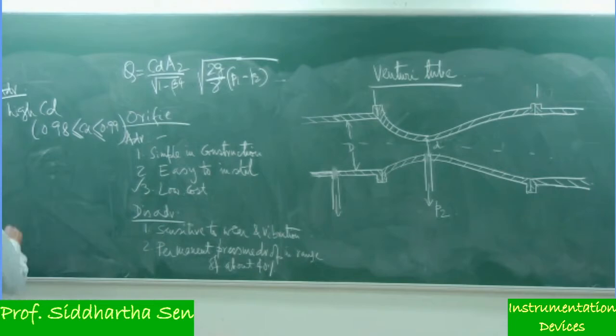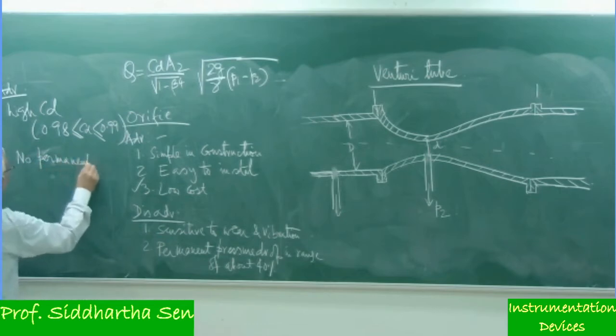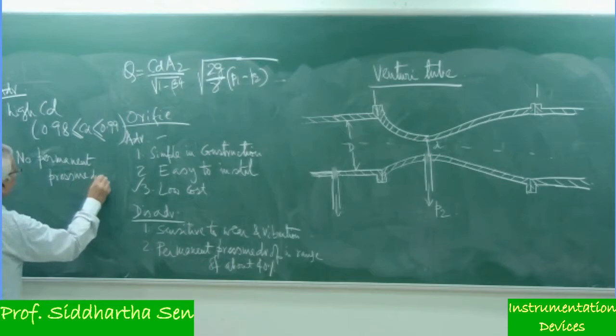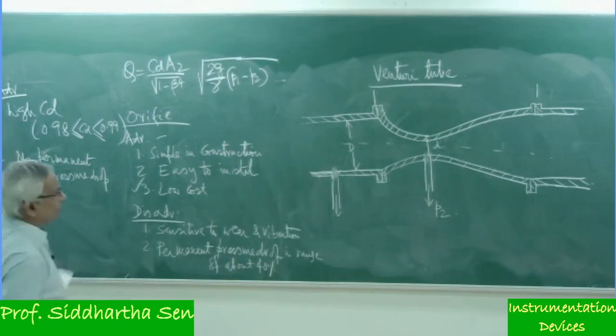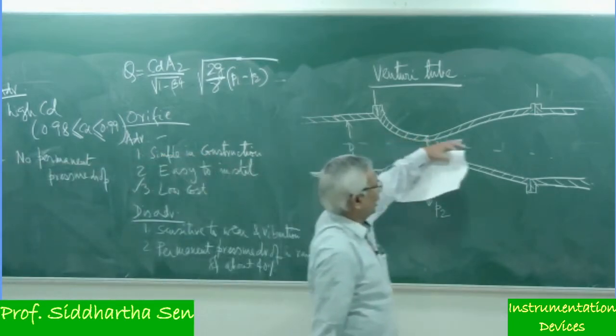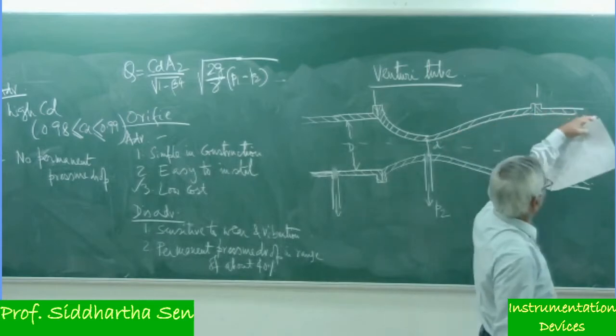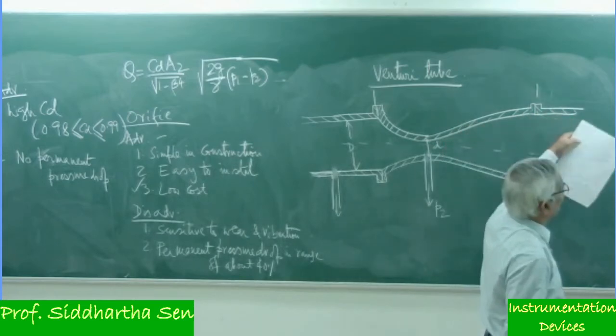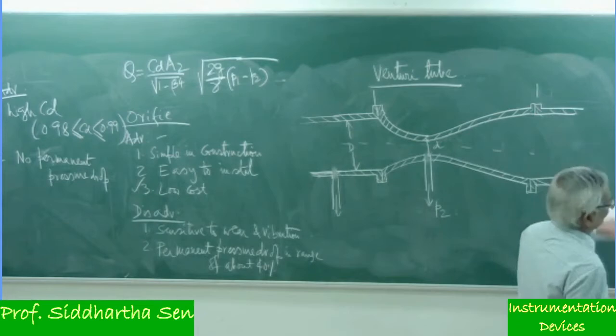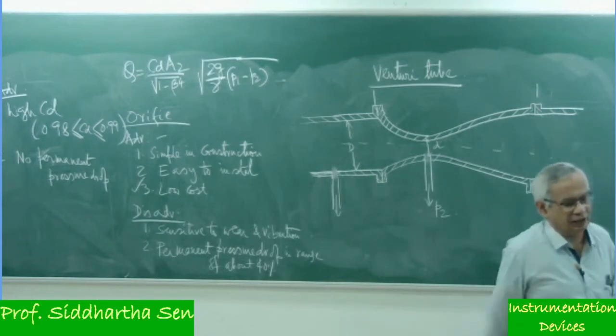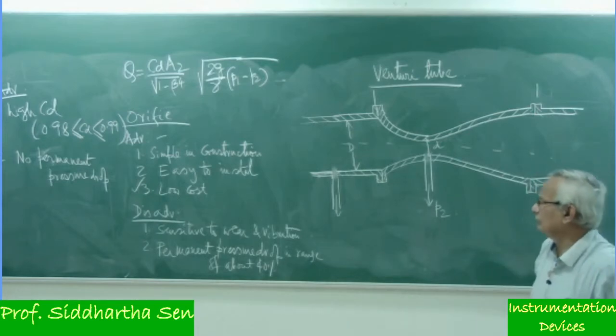Next is that there is no permanent pressure drop, because it provides a profile, and accordingly the pressure changes, and after a certain distance the pressure gets back to the original.